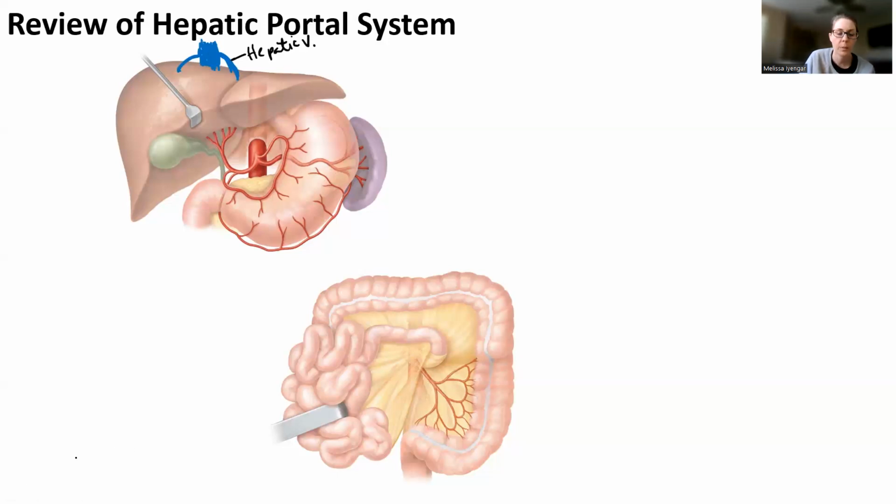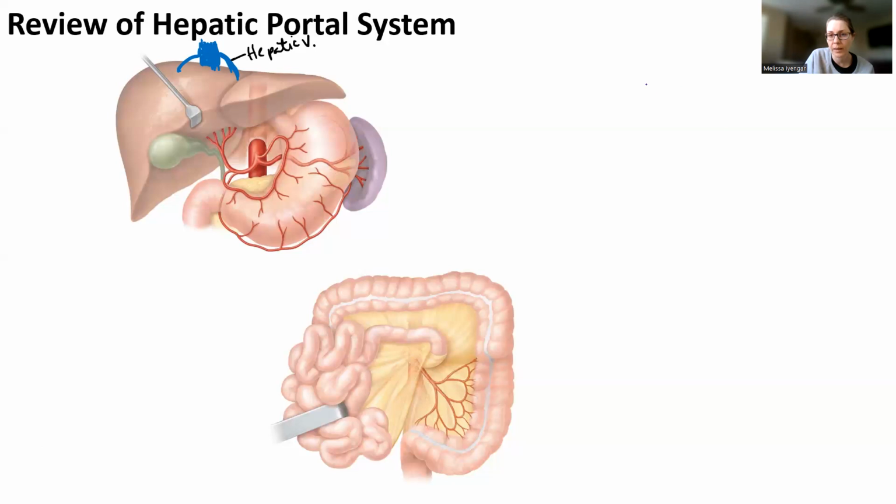But the way that the hepatic portal vein is set up is that you're going from a capillary system that is basically draining the gut tube to a set of capillaries in the liver that help drain the liver too, and then drain that all into inferior vena cava.